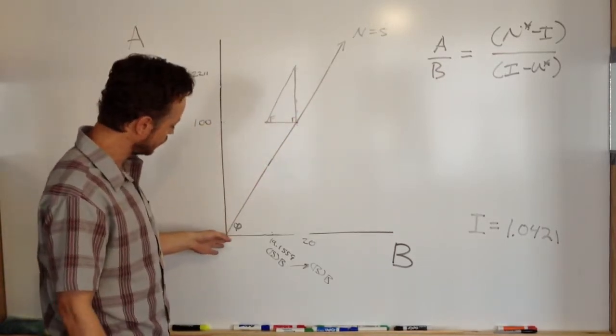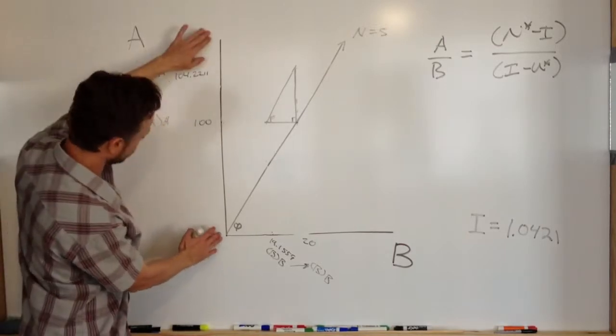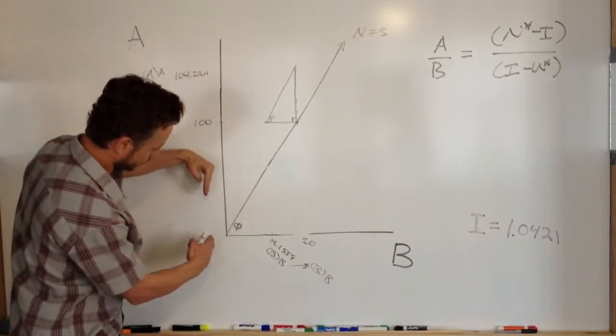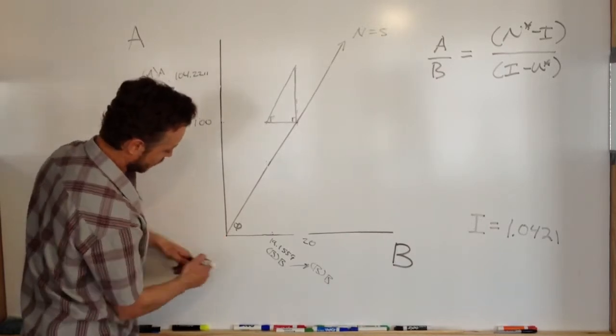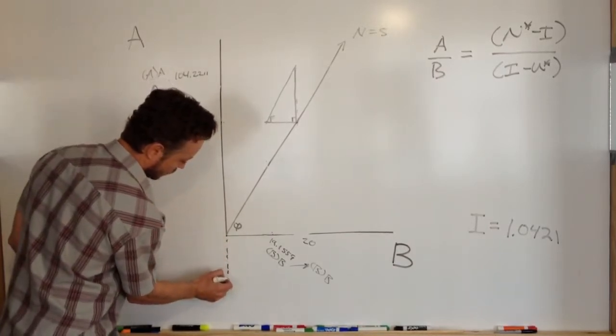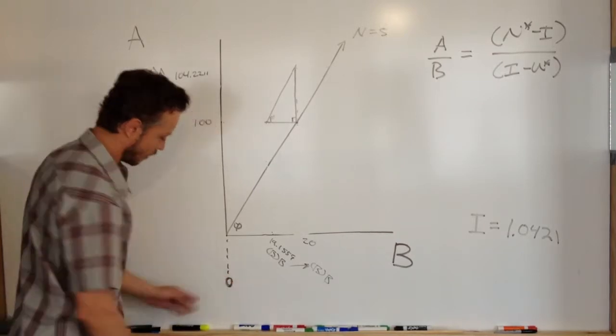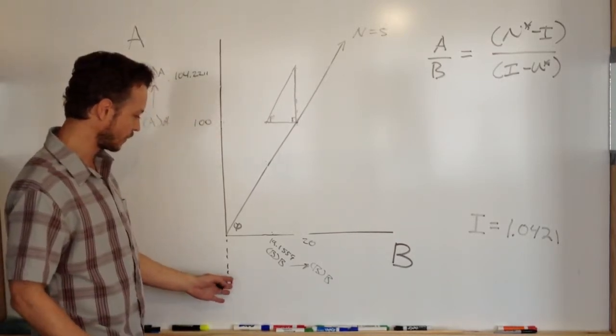So what this line here represents is when B comes into existence. So this could be like when B is born, or at the 0 point, okay?